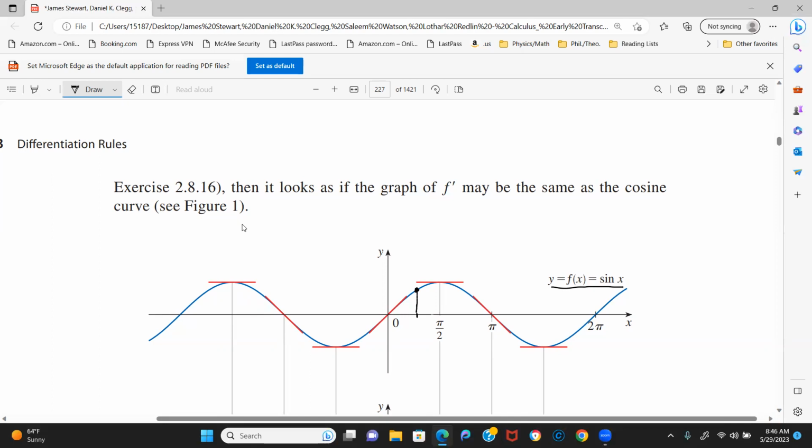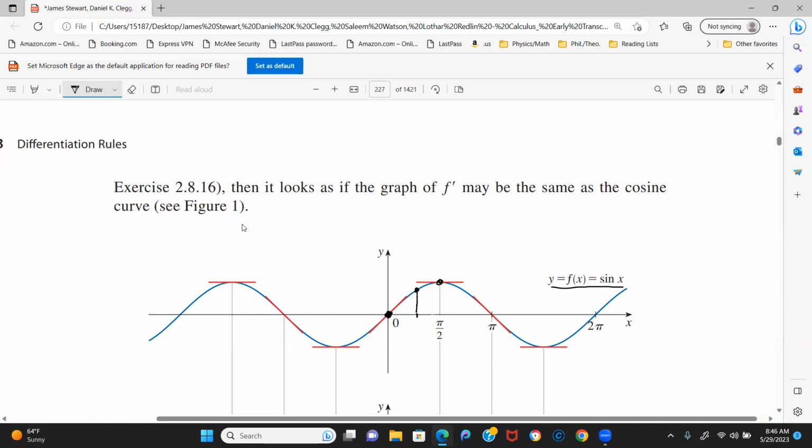So working on that assumption, we can try to maybe even work out what the graph of the derivative looks like, and it's going to be interesting what it ends up being. Right here, at this point 0, the slope of the tangent line is 1.